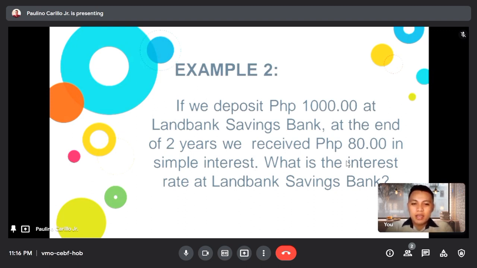The ask in the given problem is the interest rate. Sir, earlier we were looking for the simple interest, but in this problem number 2, we are now looking for the interest rate. How are we going to do that? We just simply use manipulation of our formula.